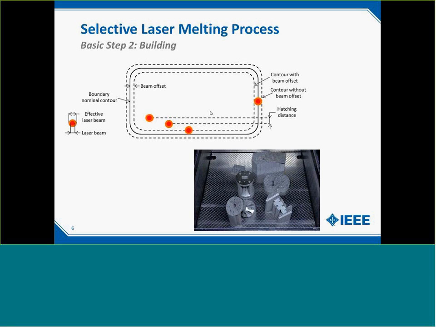By varying the values of these parameters, you vary the quality of the final part, like accuracy, roughness, and density. And we will end up with the parts attached to the building platform through the supporting structures that are visible here in darker gray.